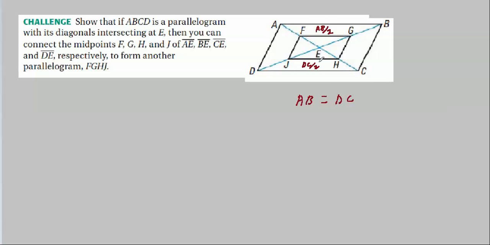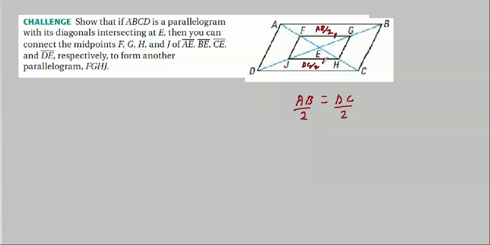Now these two lengths are exactly half. This is half this one, this is half of this one. But the fact is, we can divide by 2 on both sides and still maintain the equality. We could call that our multiplication property of equality, or division by 2 property of equality, whichever way you'd like to look at it. But this side and this side are congruent, so let's draw that in.